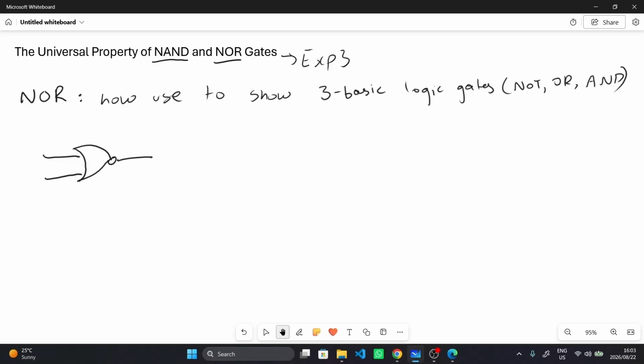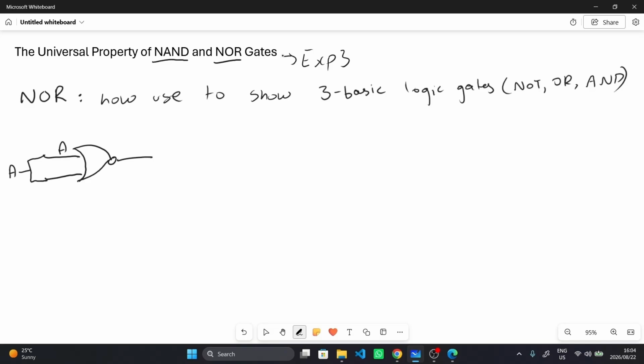Now you have also seen the Boolean rules and the equations we have done. Remembering those rules and equations, you connect these two inputs, so this becomes one input, correct?